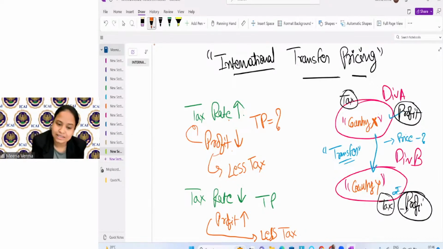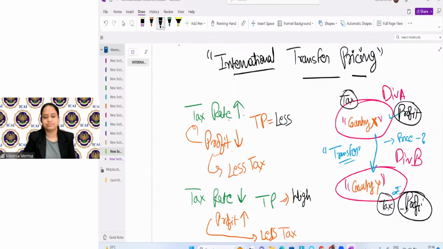So you have decided the transfer pricing in such a way that the profit is high and tax will be less. Profit will be high when the transfer price is high, and profit will be less when you keep the transfer price low. The transfer price will be high in one case and less in another case.